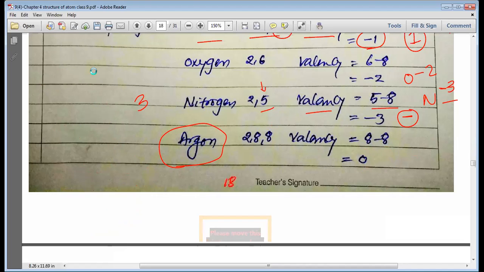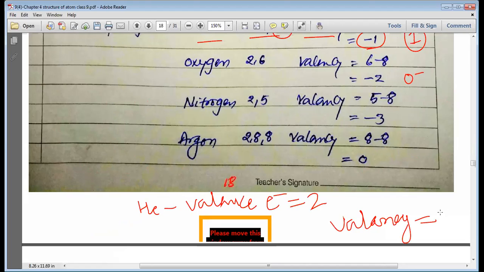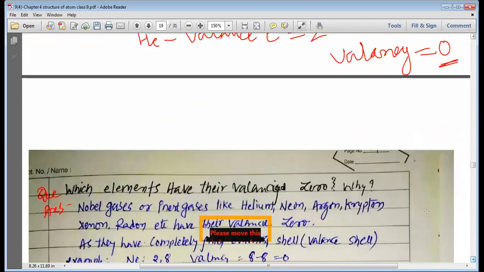Helium has 2 valence electrons, but its valency is equal to 0. The valency of helium is considered to be 0 because helium is a noble gas or inert gas.